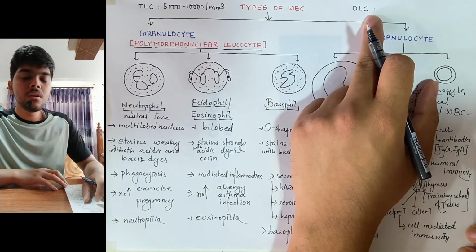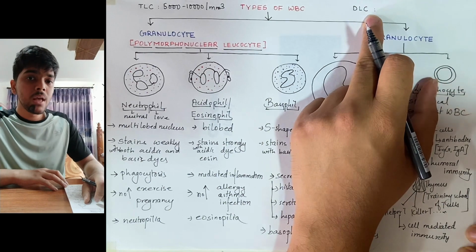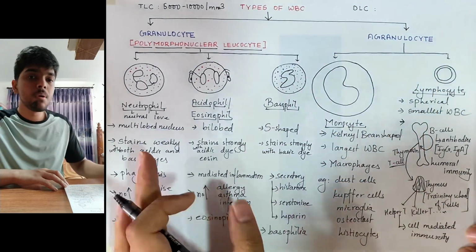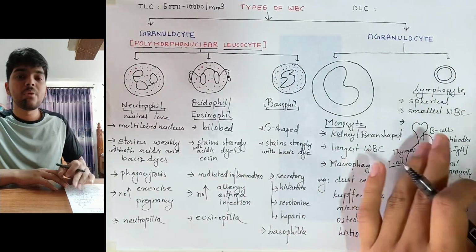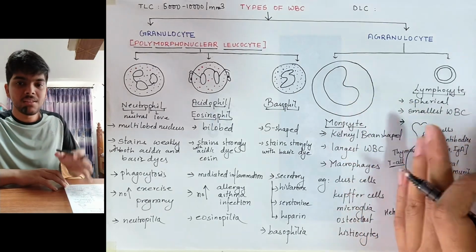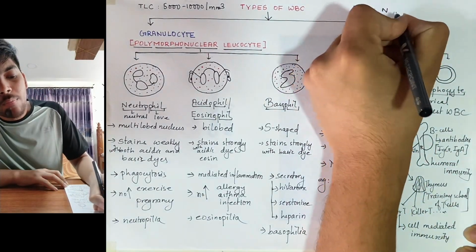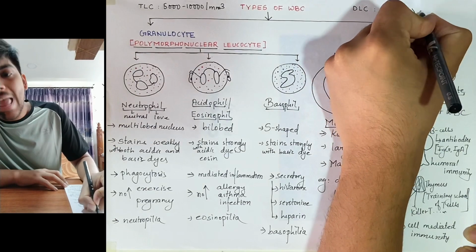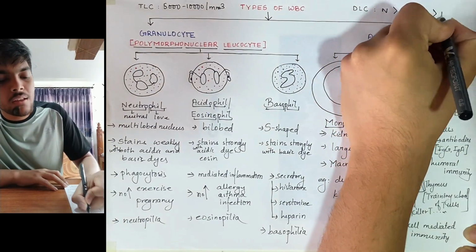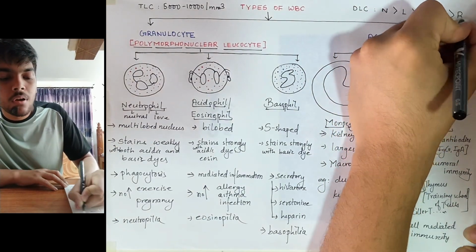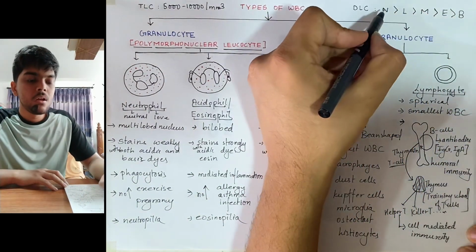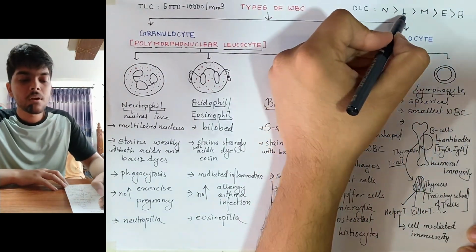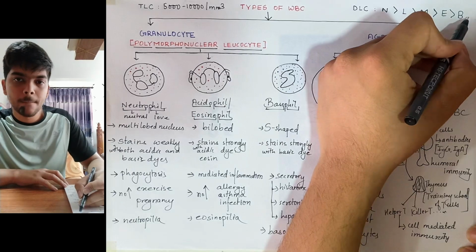And by comparing the differential leukocyte count, you can see which is present in maximum number and which is present in minimum number. And the series is something like this. NLMEB. Either remember it as NLMEB, or you could remember it as never let monkeys eat banana.